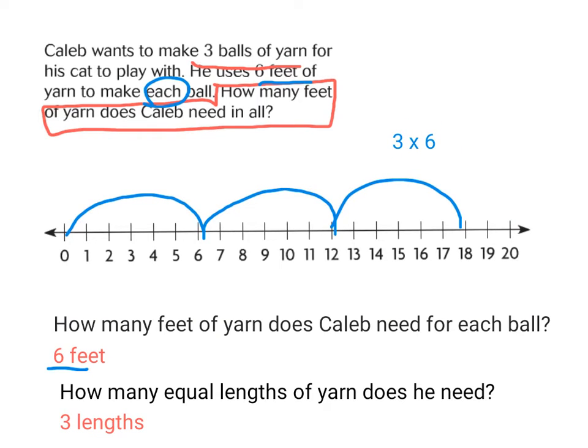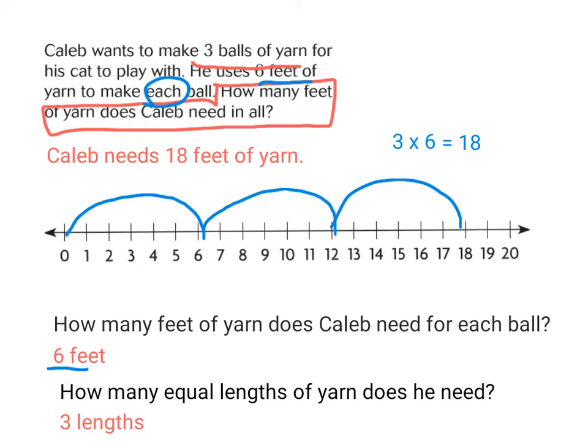And 3 times 6 equals 18. So, to answer our question, how many feet of yarn does Caleb need in all? Caleb needs 18 feet of yarn.